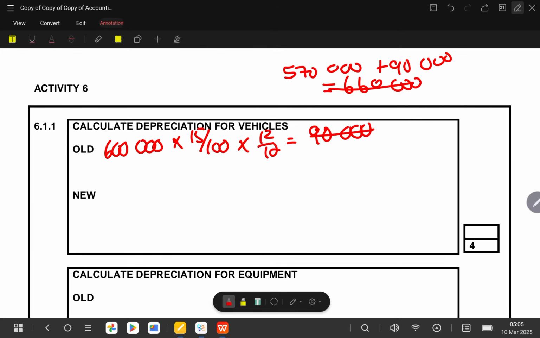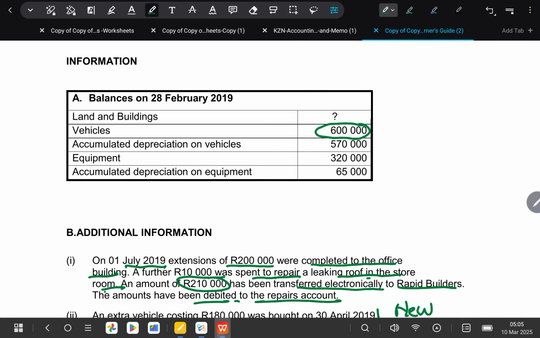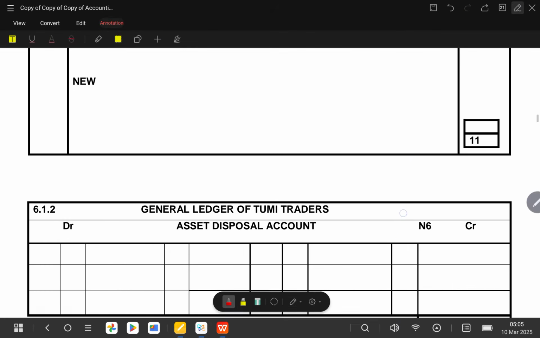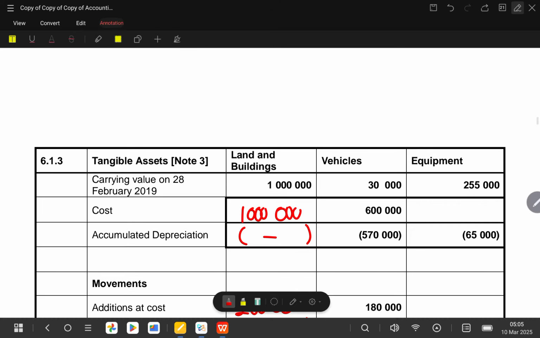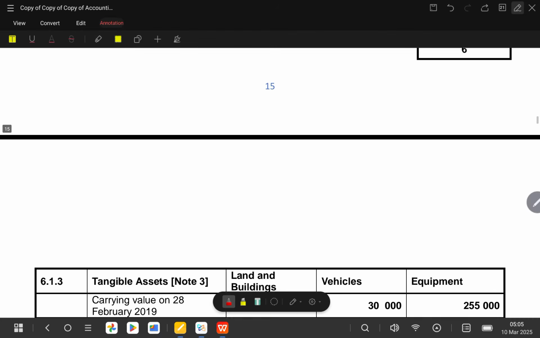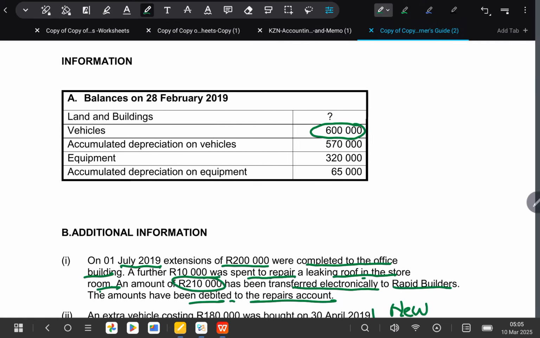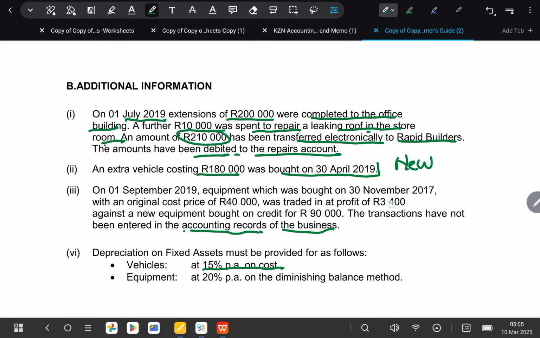Which means when you calculate your depreciation for the old asset, you are going to check what your carrying value was, and remember the carrying value was given to you in the fixed asset note. So the good news is that the carrying value was given. You just take your 30,000 and minus 1 rand. Remember, there were no vehicles that were sold.